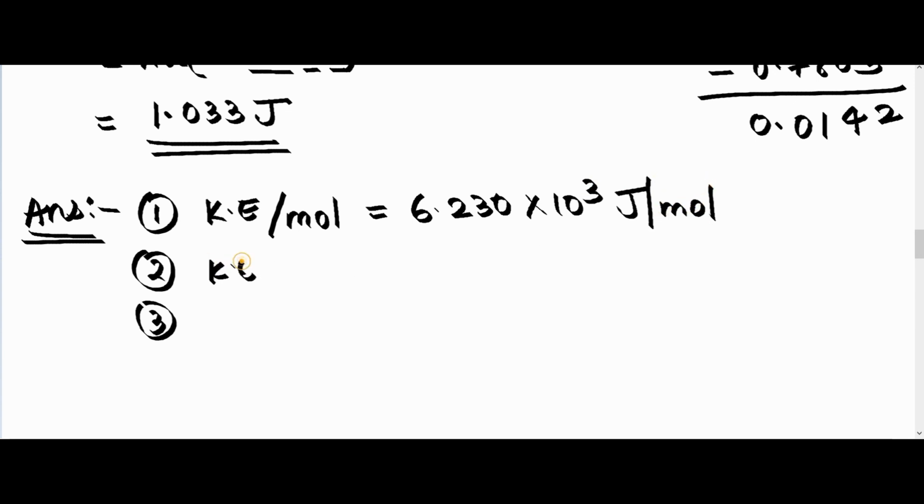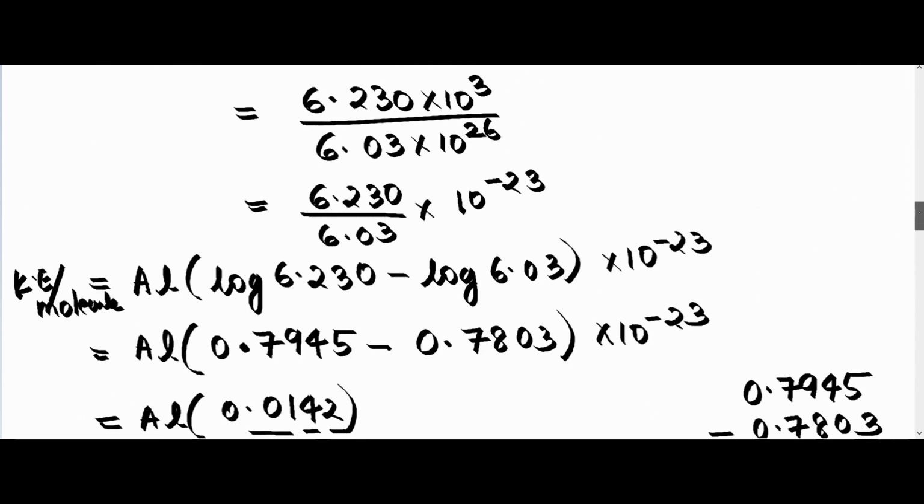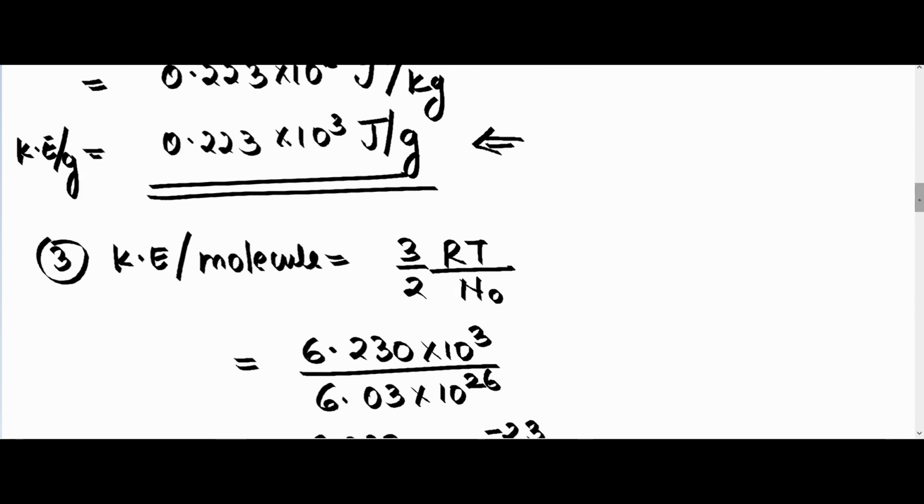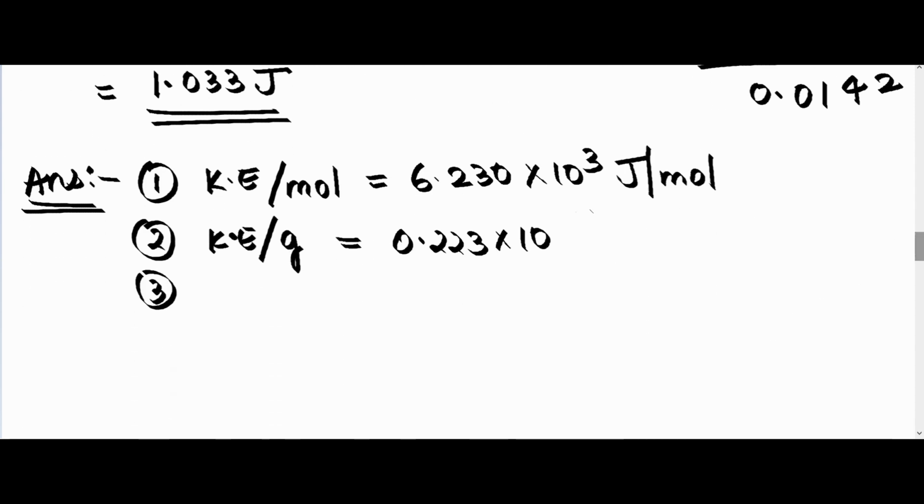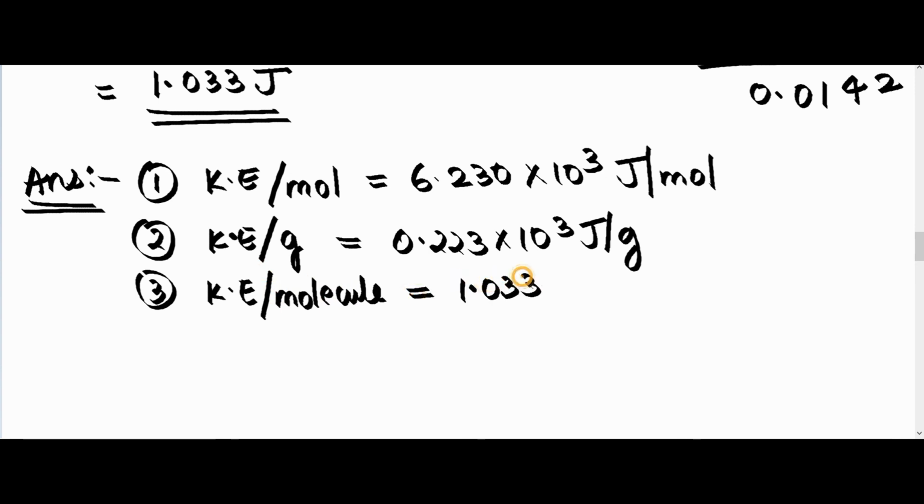Next, kinetic energy per gram will be equal to 0.223 into 10 raised to 3 joule per gram. And the final value, kinetic energy per molecule, will be equal to 1.033 joule.